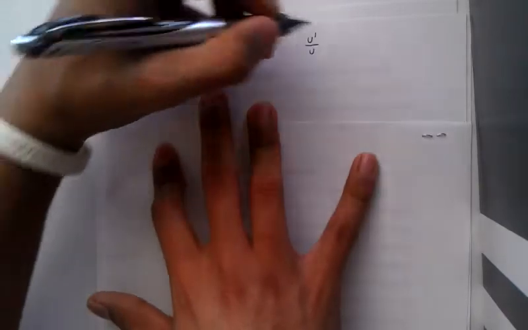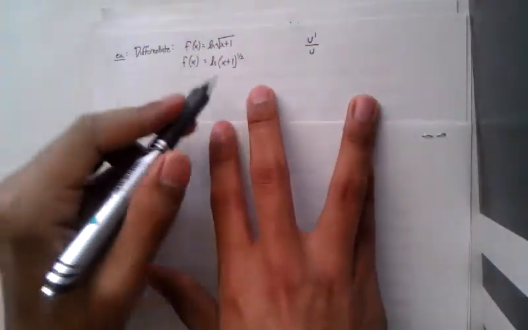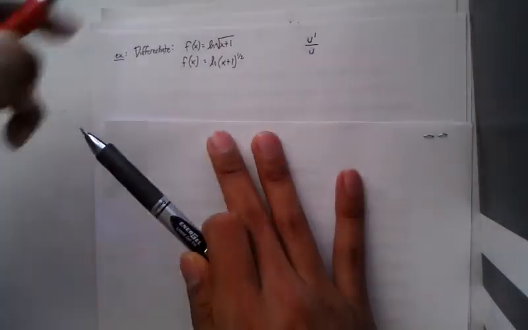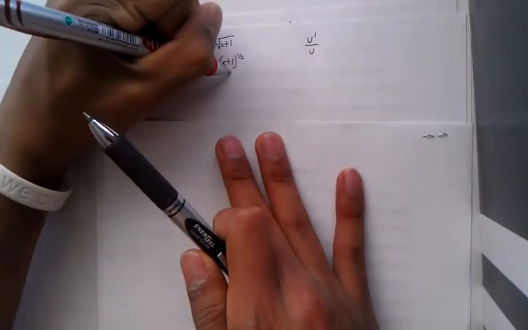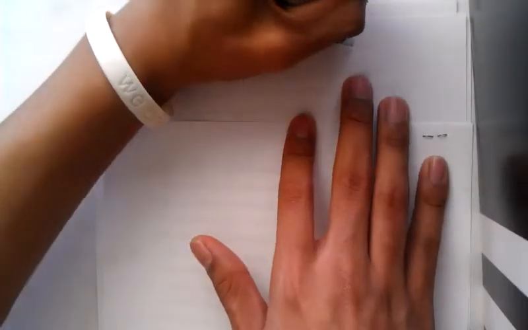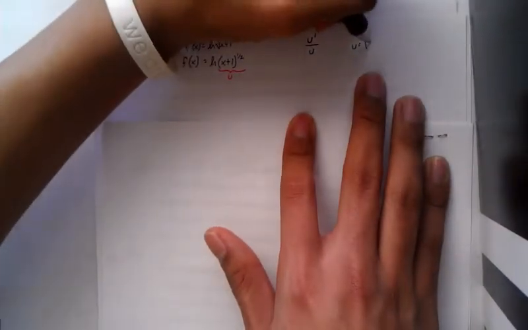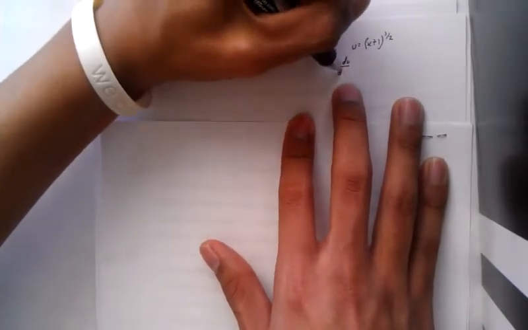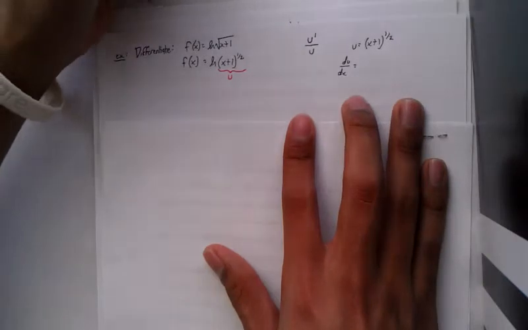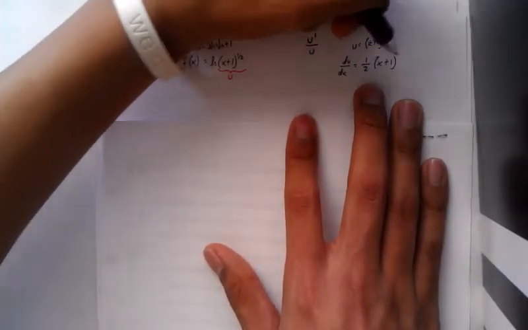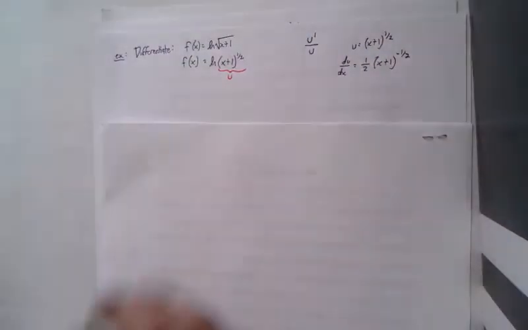So first thing we'll do is, this is our u right here, this whole part. So if that's our u equals x plus 1 to the 1/2, take the derivative of it, just use chain rule, and you get 1/2 x plus 1 to the negative 1/2.